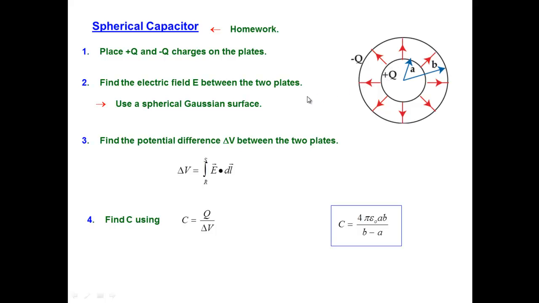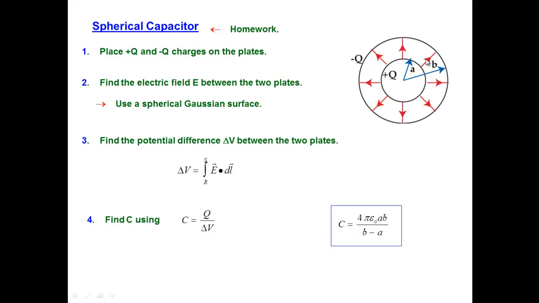To find the electric field, of course, we're going to use a spherical Gaussian surface. You've done that before. The answer turns out to be fairly simple. Then with that expression for E, we're going to find the potential difference between the plates. And so we'll integrate from the inner surface at radius A out to the outer surface at radius B. And once again, the path does not influence the result. So let's pick a simple path.